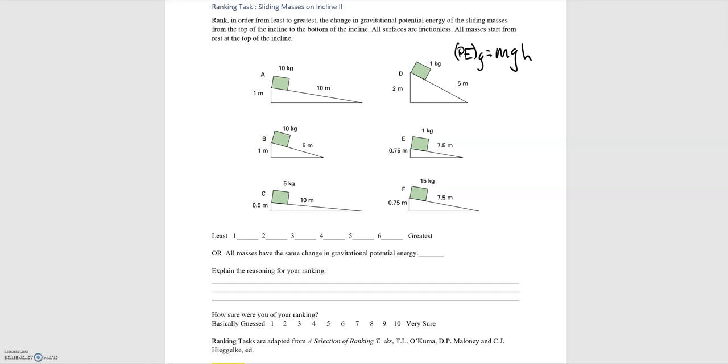What I'm going to choose, and what's the easiest choice, is the bottom of the ramp, on the ground, to be the h equals 0 line, where h equals 0 means that the potential energy is equal to 0. So for all of these, I'm going to choose h equal to 0.